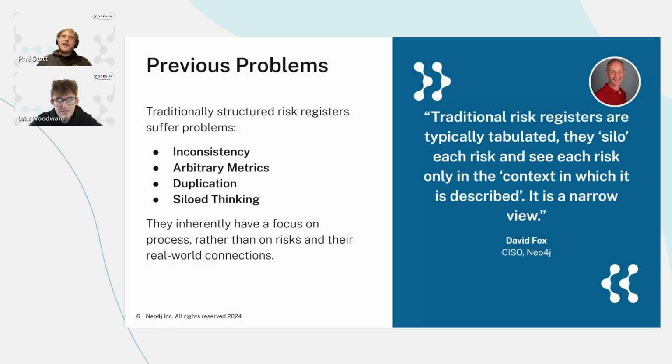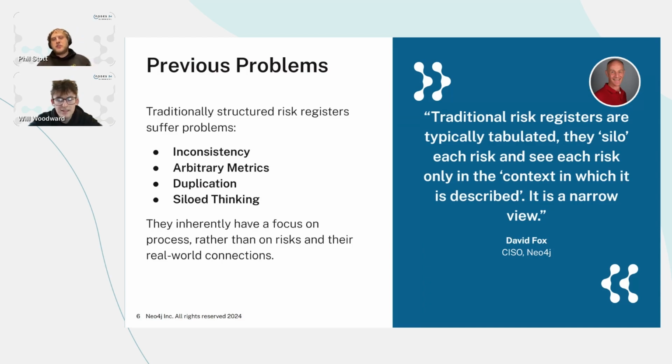So what we're saying there is, if you think about your risk register as just rows in a table, and maybe this is a spreadsheet for a lot of people, or even an online document, then traditionally we end up stuck in these problems of inconsistency. The way that I might report a risk as a risk analyst, and somebody else reports a similar risk, could be quite different, and we end up with inconsistency in the data.